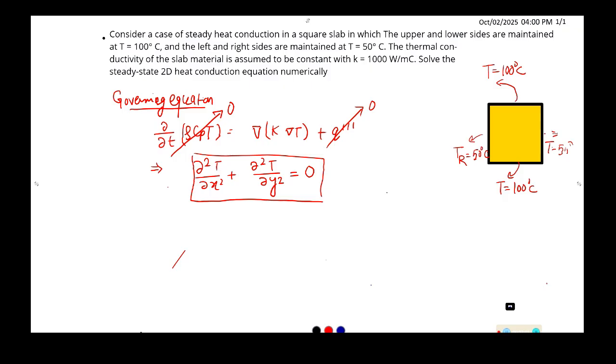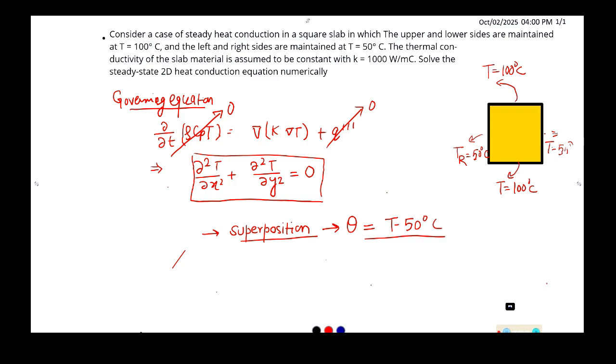Now in this problem, all four values have been specified along all four edges of the square. Therefore, this problem will be solved by the superposition principle. Before doing that, we will make a mathematical adjustment. We take a variable theta such that theta equals T minus 50 degrees centigrade.